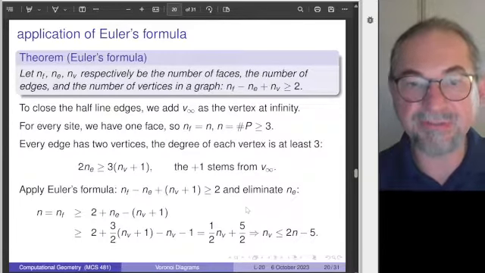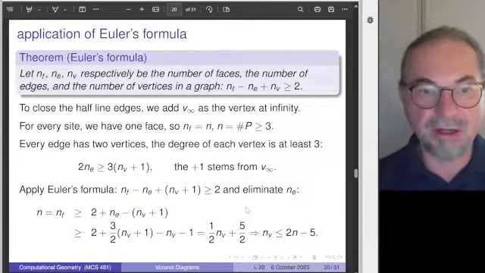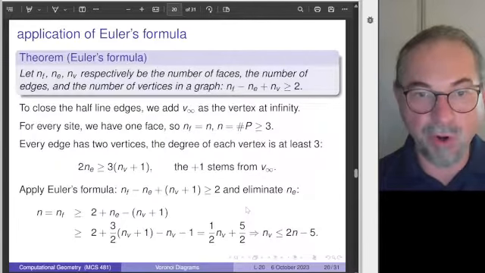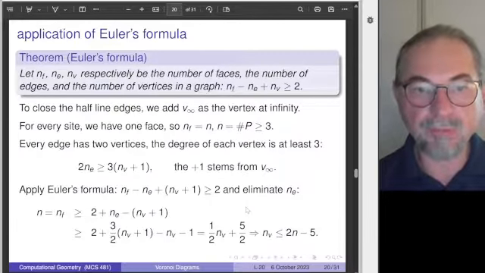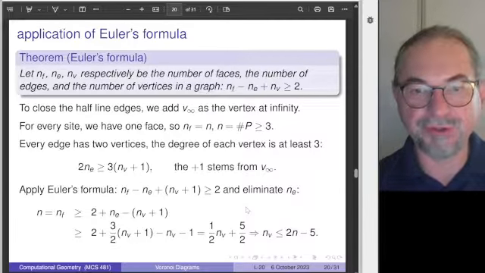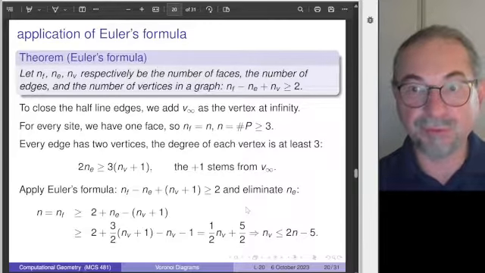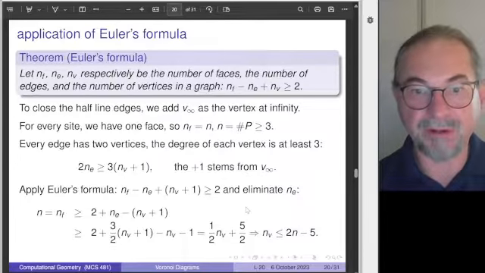And then via these inequalities, we can bound the number of vertices as 2n minus 5. So this is plainly working with these inequalities.